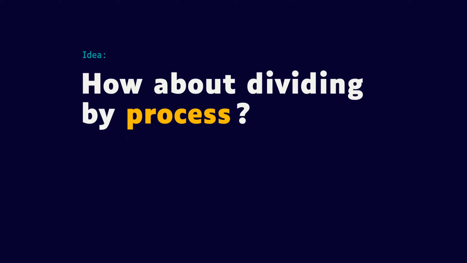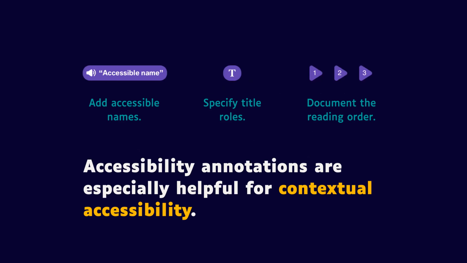Which leads me to a third way of dividing the information, which could actually be by process. And here it's something that would be much more tailored to the organization. It's something I thought about when I was working on accessibility annotation for my project.